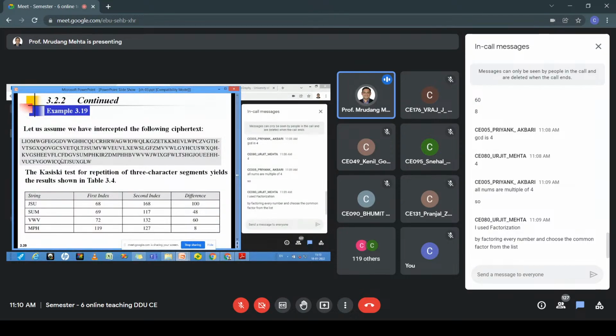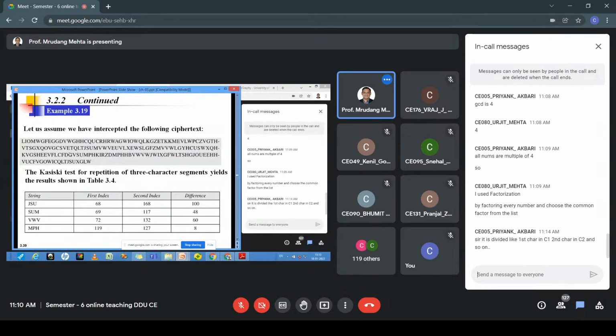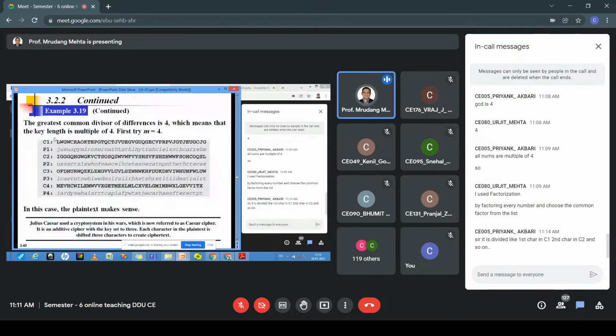You have to actually perform a manual count. First character is C1, second character is C2. The first character C1 is the cipher text, the whole encrypted text we are considering. This is the second cipher text, this is the third cipher text, and this is the fourth cipher text.